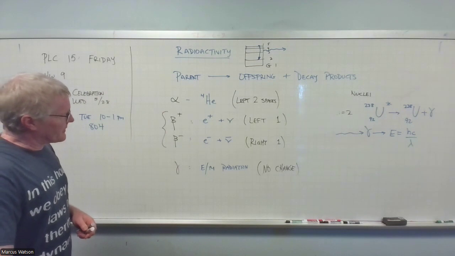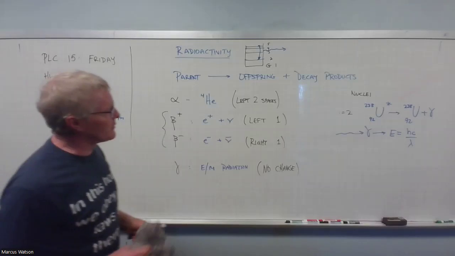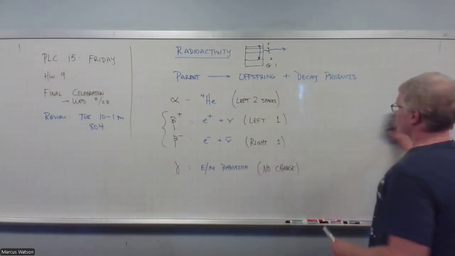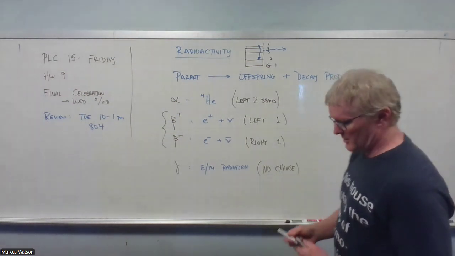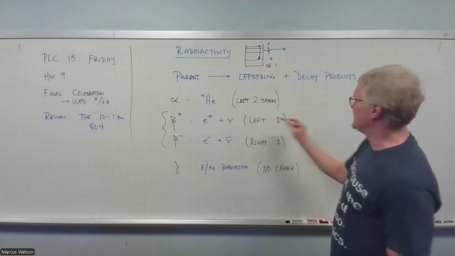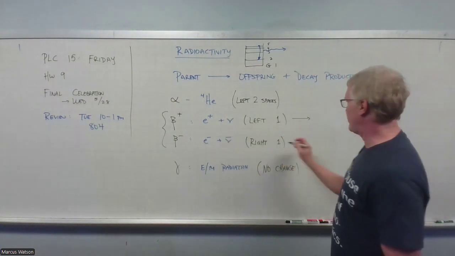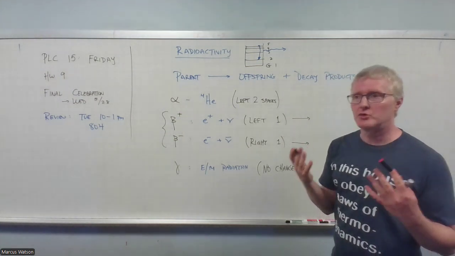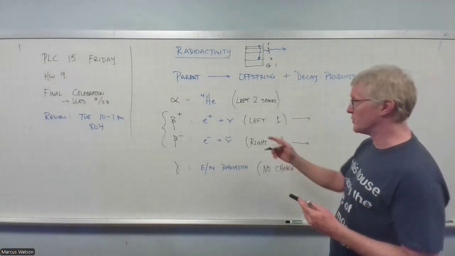All right, I got one thing here that I wanted left over to talk about. Now, we talked about beta positive decay and we talked about beta negative decay last time in terms of what the neutrons and protons are doing relative to one another.